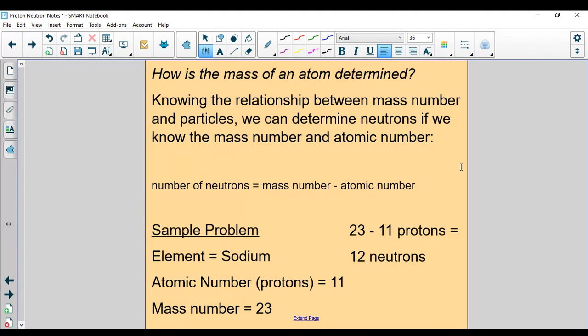Now let's say that we know the atomic number and we know the mass number.